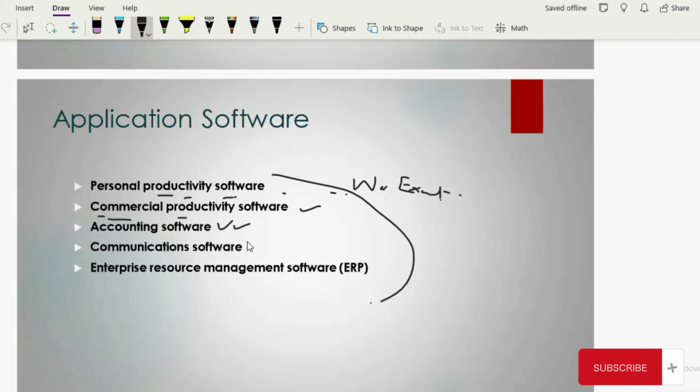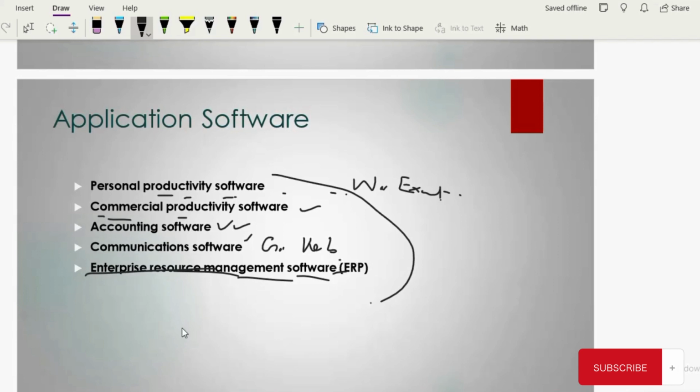We also have communication software. Communication software helps us communicate data from one place to another. Nowadays we have a lot of communication packages, for example web browsers like Google. Then we have ERP, the vast type of application software.